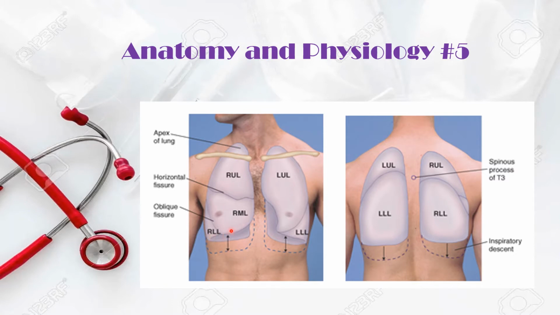The lower border of the lung crosses the 6th rib at the mid-clavicular line and the 8th rib at the mid-axillary line. Posteriorly, the lower border of the lung lies at about the level of the T10 spinous process. On inspiration, it descends further.